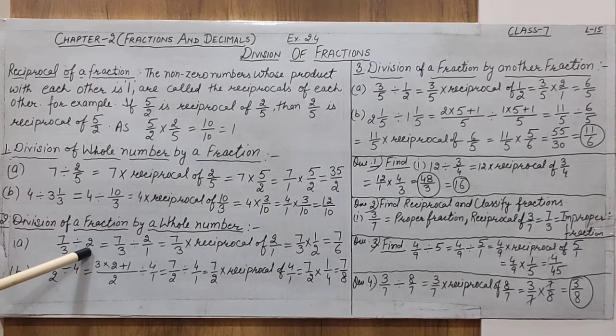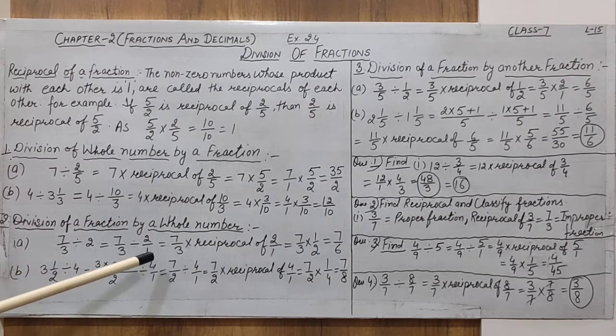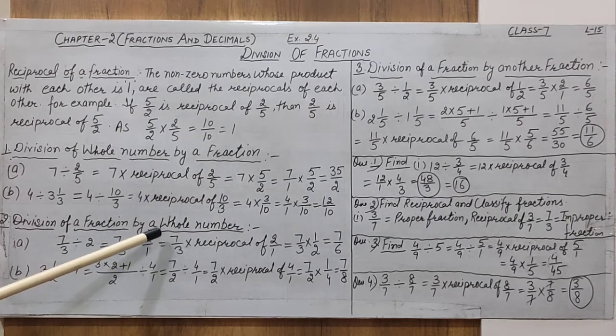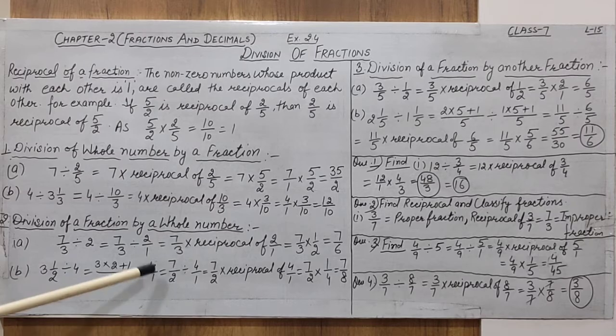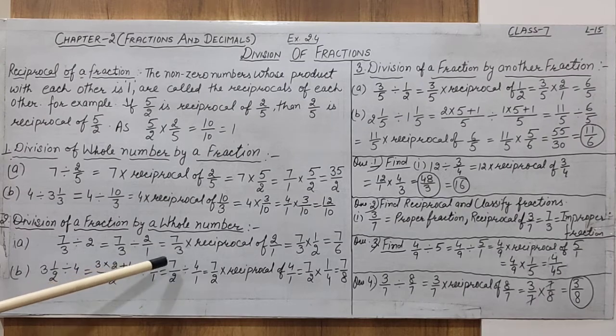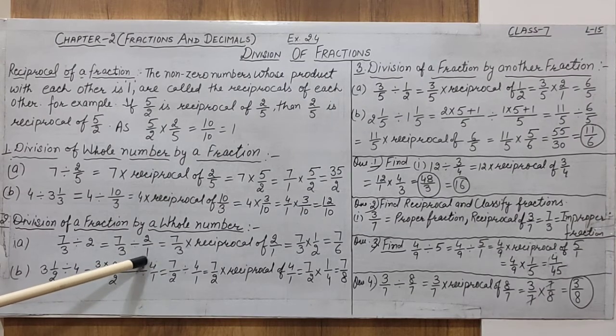We have to first write the whole number as a fractional number. That is, 2 can be written as 2 divided by 1 because 1 does not affect any properties of the 2. 2 by 1 is equal to 2. So we can change a whole number into a fractional number, and then use the reciprocal property.